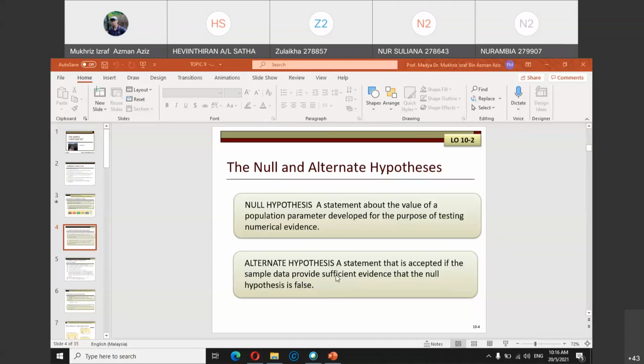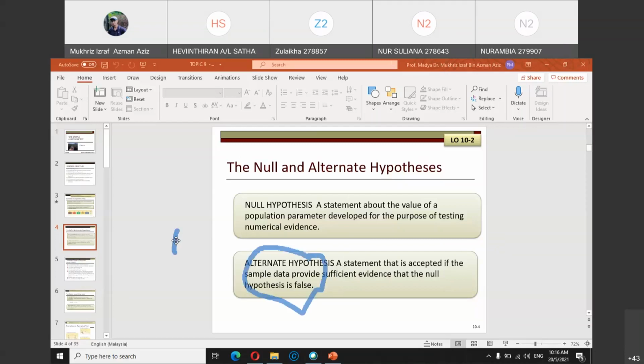But if you feel that the value now has increased, because the price of goods and services has gone up, so you feel that the value actually is not 500 but is more than 500, so whatever that you want to prove will be on the H1.